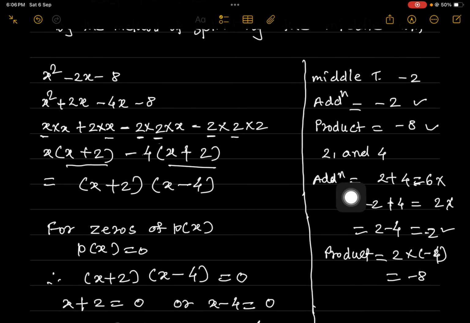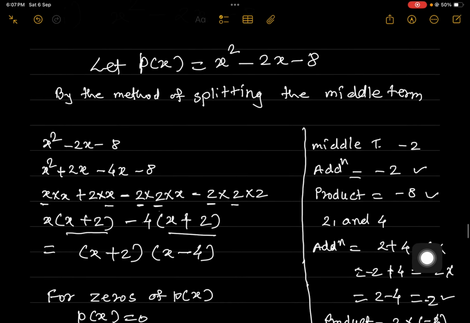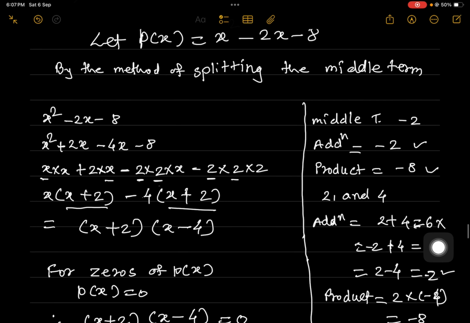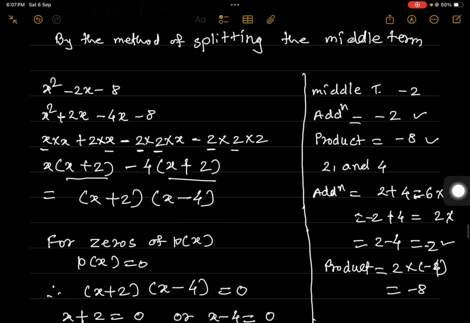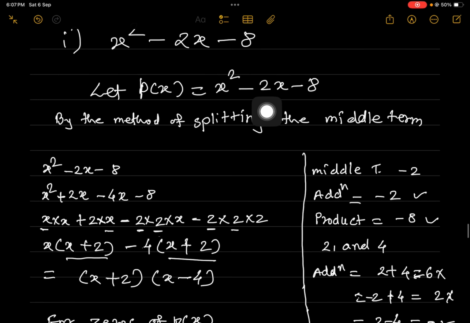Now see, if you add 2 and 4, 2 plus 4 is 6. But we need minus 2, so 6 is not possible. So I have given a cross here, meaning we can't consider 2 and 4 as they are. We have to check the sign because minus 2 came.